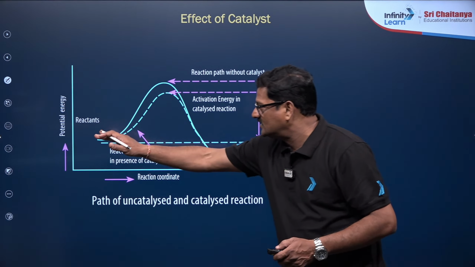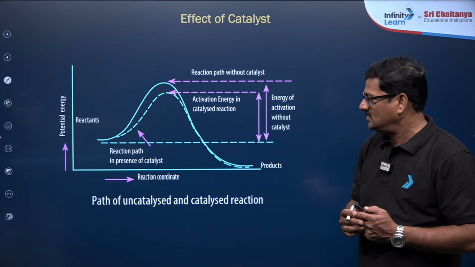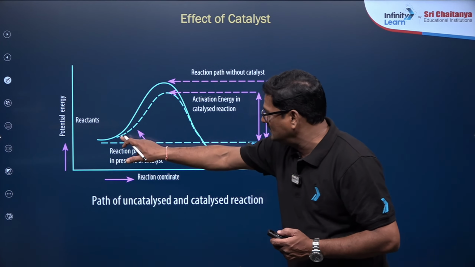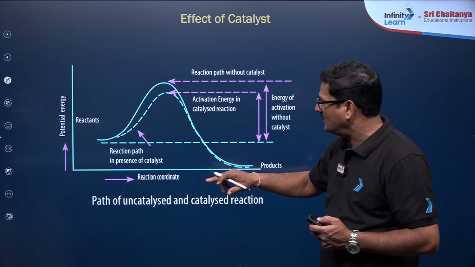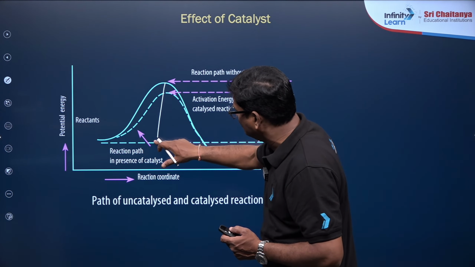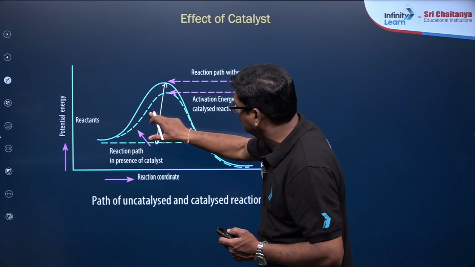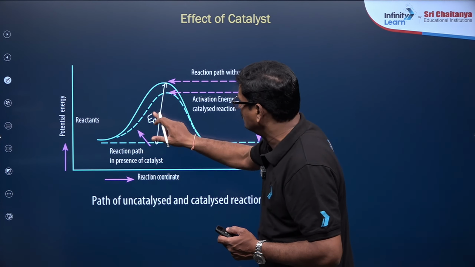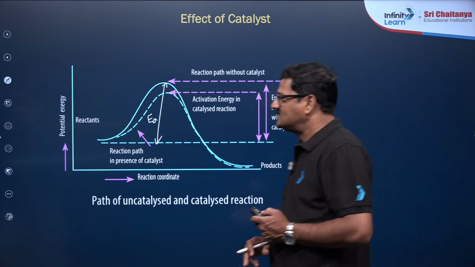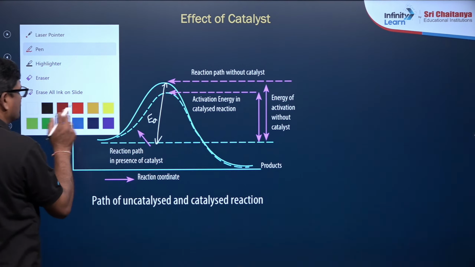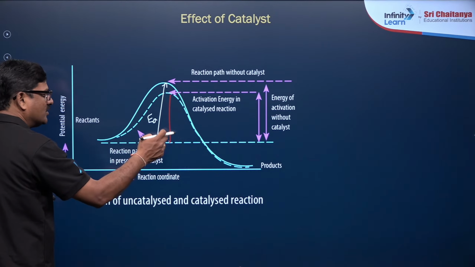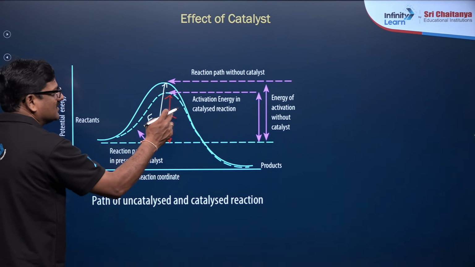Look at potential energy versus the reaction coordinate. This is the uncatalyzed reaction pathway, and the activation energy for this uncatalyzed pathway is given here. And this is the catalyzed reaction pathway. It is going to give you less activation energy.